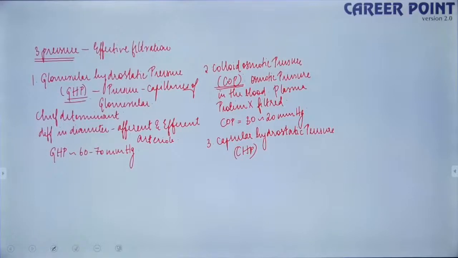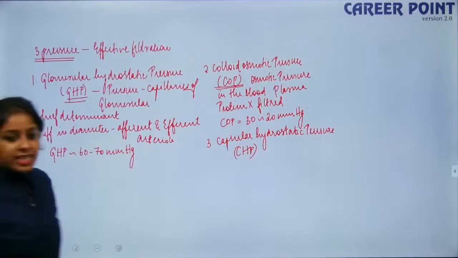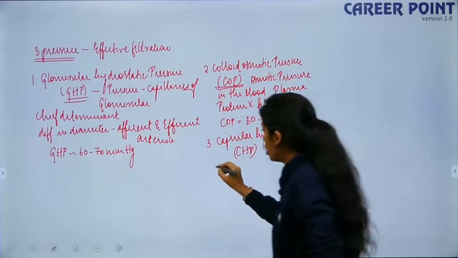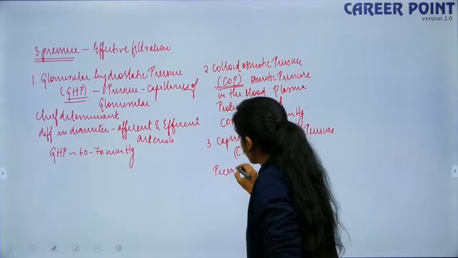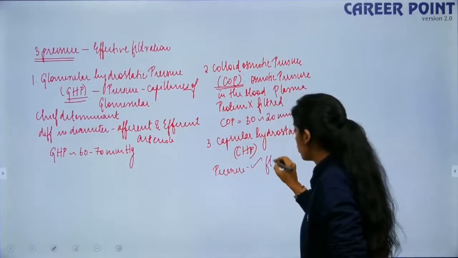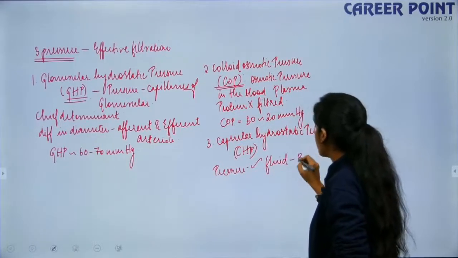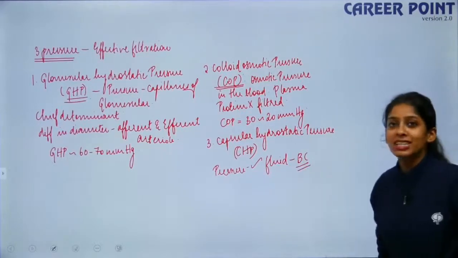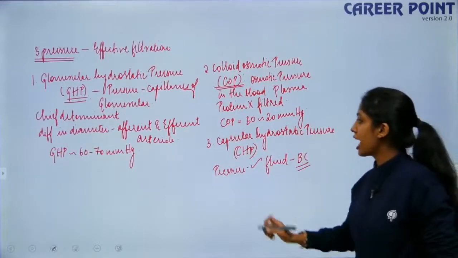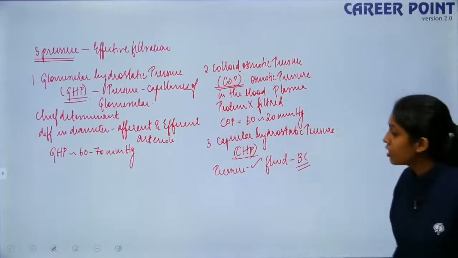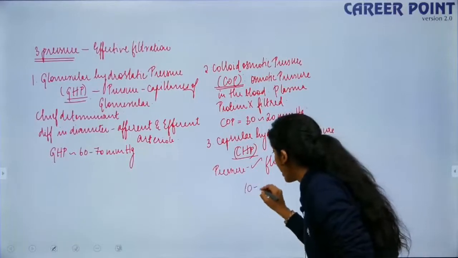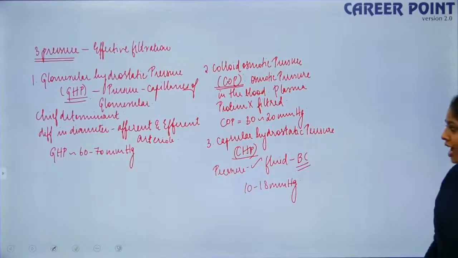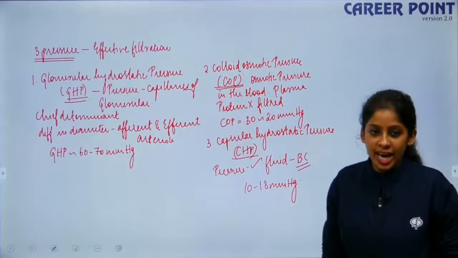This is the pressure present in the fluid of the Bowman's capsule. The Bowman's capsule filters, right? The pressure in that filtrate or fluid is your capsular hydrostatic pressure. The value is 10 to 18 mmHg. So this is the value of CHP.